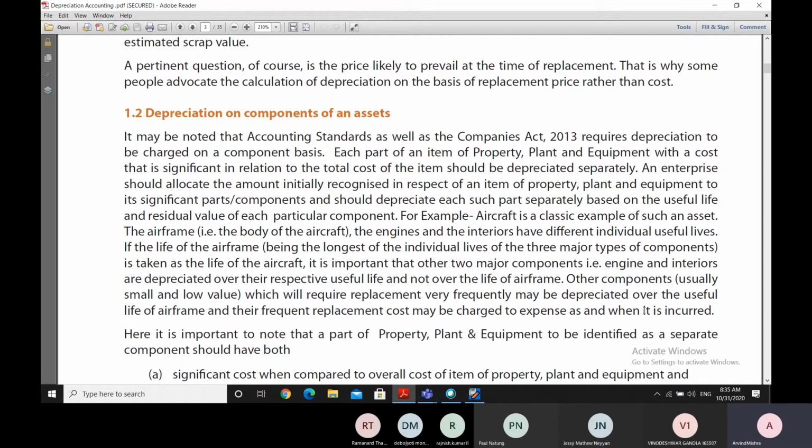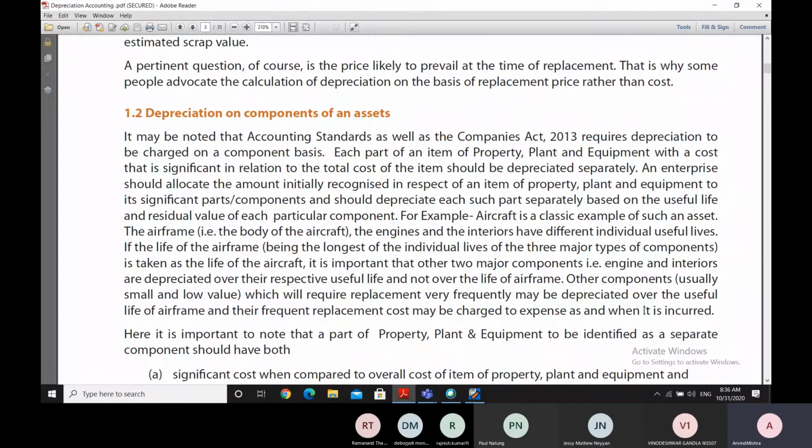But if there is a significant component, it should be depreciated every year separately. Although it can be seen as equipment which is part of the aircraft, as far as depreciation is concerned, it is possible that it may have a different useful life.